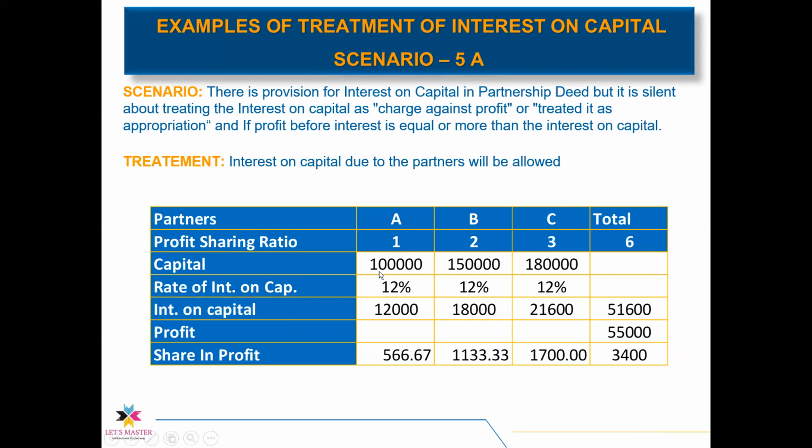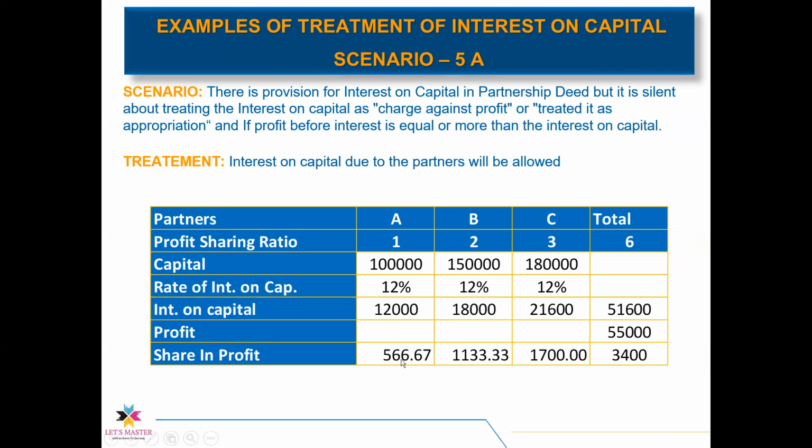Their capital contributed is 1 lakh, 1,50,000, 1,80,000. Rate of interest on capital is 12% per annum. Interest on capital is 12,000, 18,000, 21,600. Total comes to 51,600. Here, the profit earned for the accounting period is 55,000, which is obviously more than 51,600.